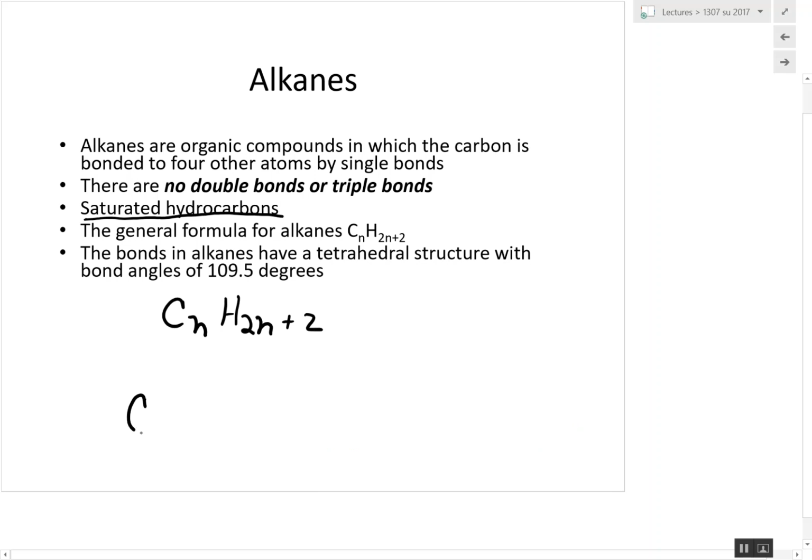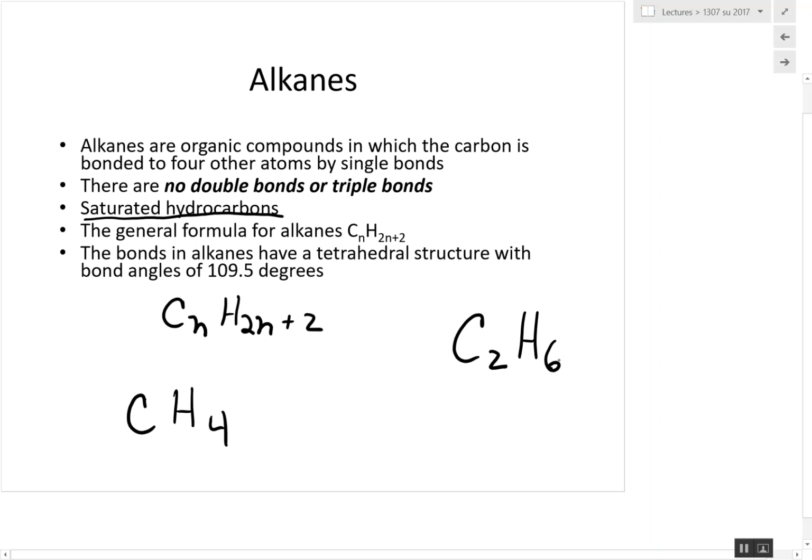So if there's 1 carbon, so n is 1, 2 times 1 is 2, plus 2 is 4. You got methane. So if n is 2, then 2 times 2 is 4, plus 2 is 6.